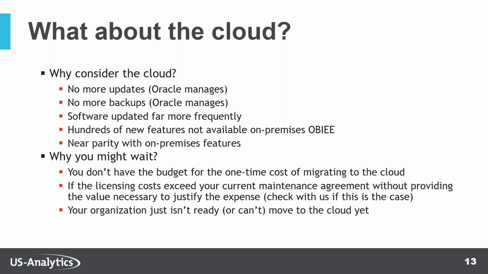And I want to say that it's on parity with on-premises features for OBIEE, though there are a couple, like I showed earlier in the desupported and deprecated features that you may need to take a look at, but near parity for OAC compared to the on-premises OBIEE.